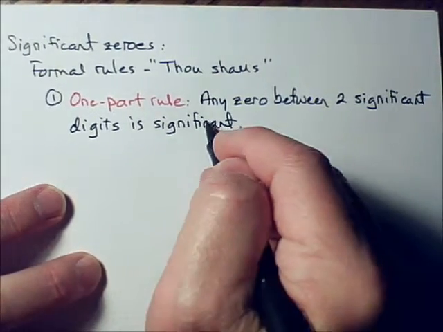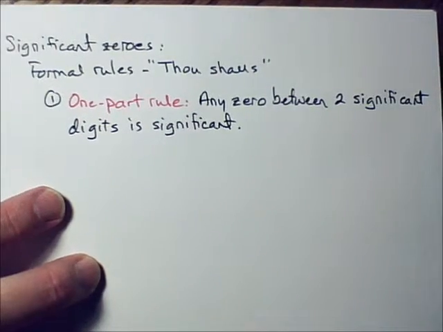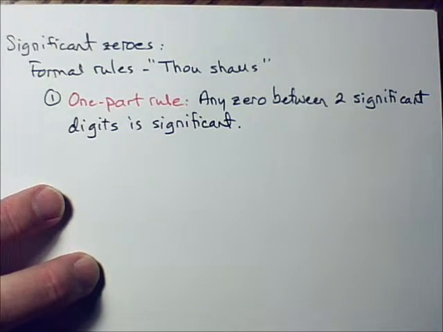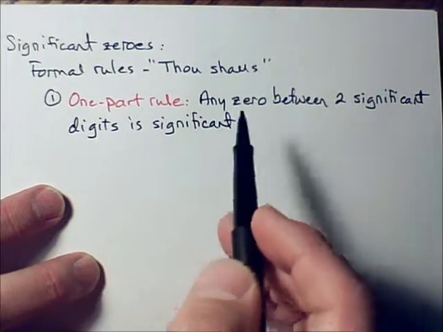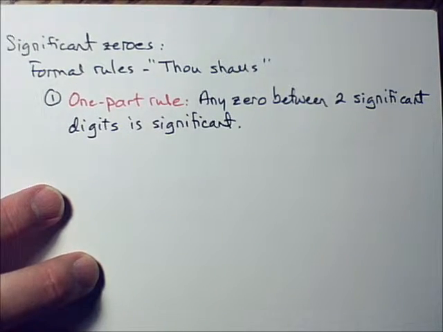It'd probably be easier to remember that if I said any zero is significant if it's between two significant digits. It's just an easier way to follow what the sentence means. Does that make sense? If you'd rather write it that way, any zero is significant if it's between two significant digits. All right? Clear enough to you?